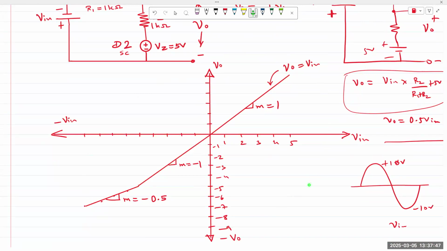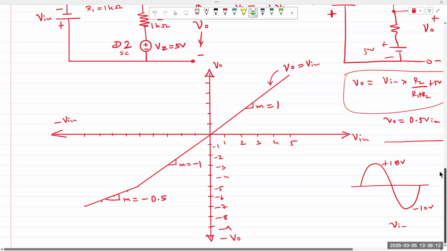So it's still a linear line all the way until V in reaches minus 5 volts in the negative half cycle. And then the solution was, for V in beyond 5 volts, V out is half of V in. Okay. Does this make sense so far?